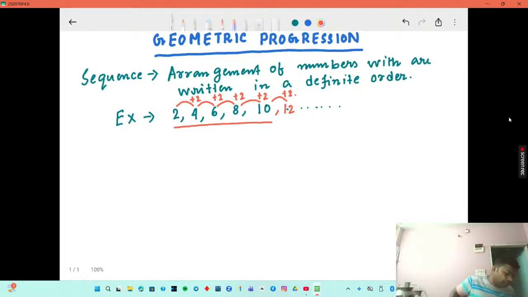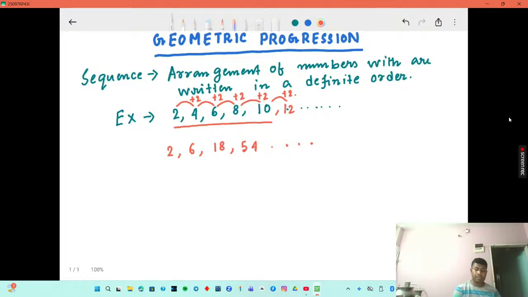Now I will give you another example, which is 2, 6, 18, 54, and so on. Are these numbers in sequence? Definitely yes, because these numbers are arranged in a definite order.